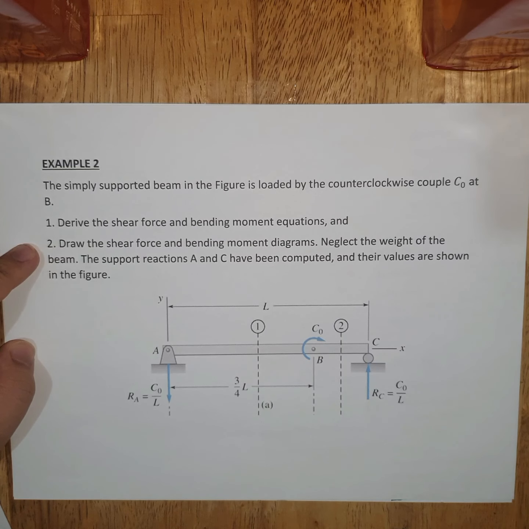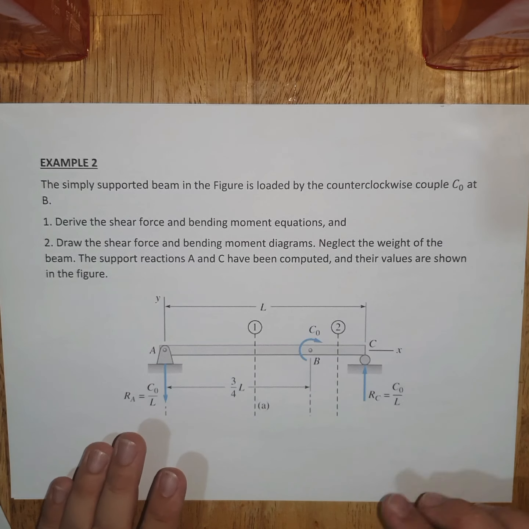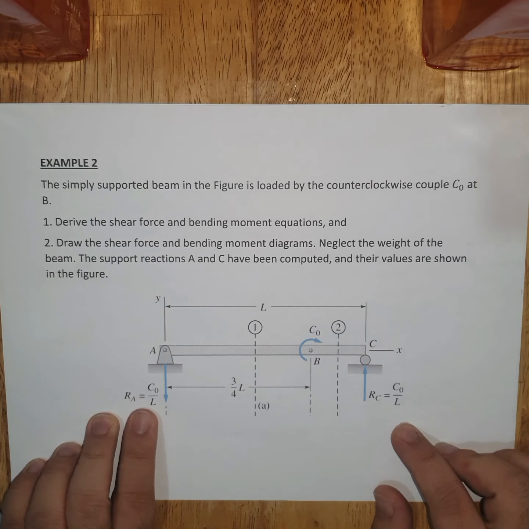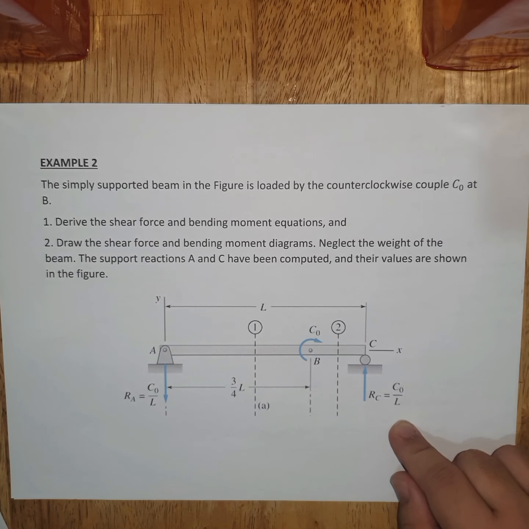Okay, again, neglect the weight of the beam, and for convenience, yung support reaction ng A and C have been already computed. Ang value daw ng A and C are both C sub O over L. Okay, so for this problem, wala tayong particular value ang gagamitin, so more on variable siya, pero madali lang naman yan.